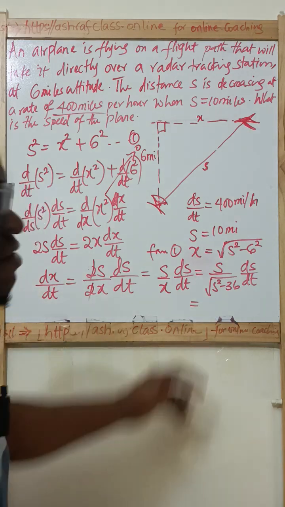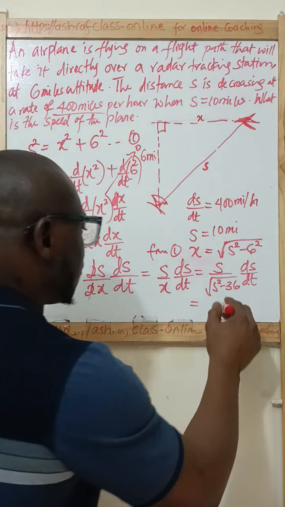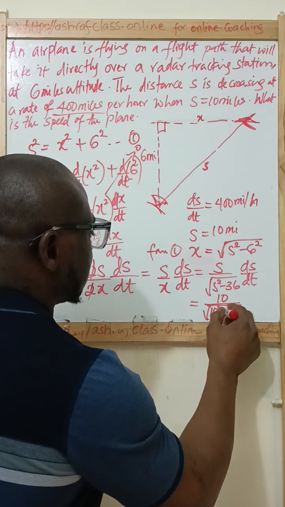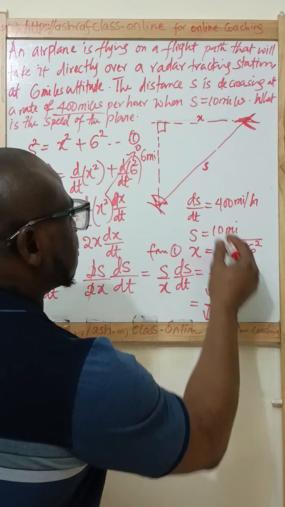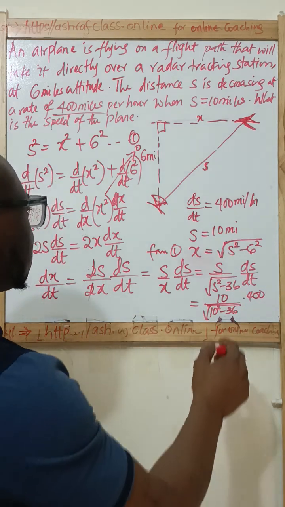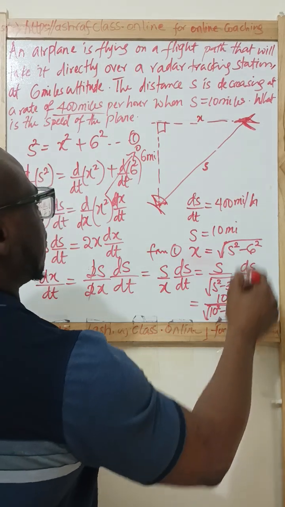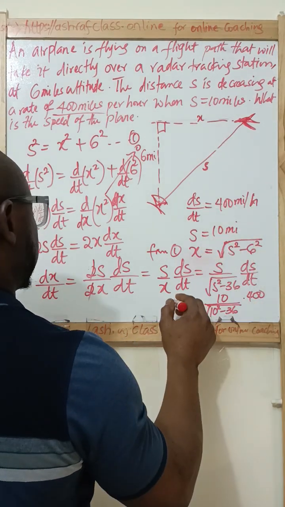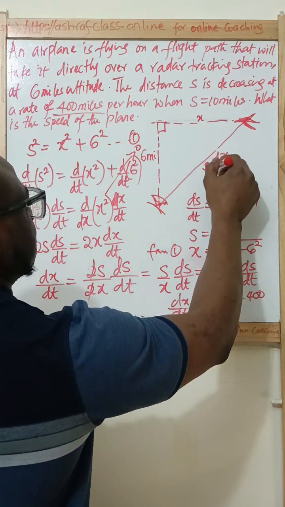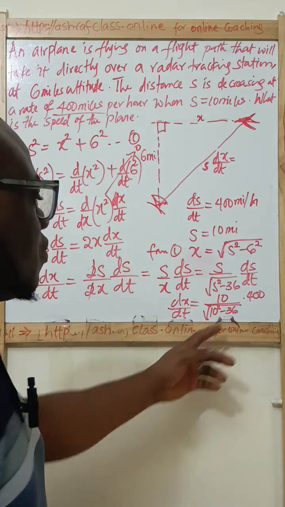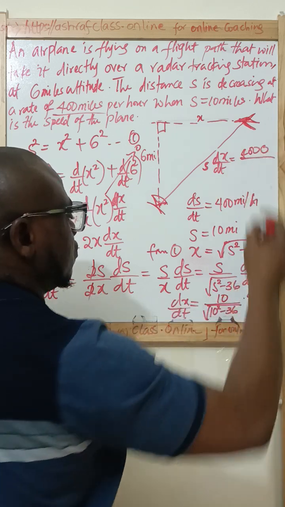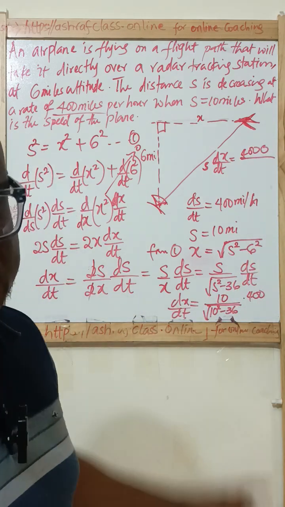So what is s? S is 10, right? So we'll put 10 here, all over the square root of 10 squared minus 36. And what is ds/dt? That will be 400. Okay, so we simplify everything. That will be 4,000 all over the square root of 100 minus 36, that's 64.